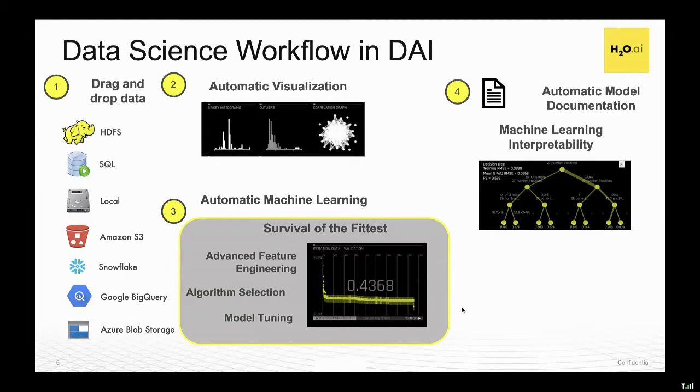So this auto documentation is going to talk about the data that you trained on. What were the distributions of that data set? Were there any interesting findings, like maybe the training and test data set were very different from each other, which tells you that your data is changing over time? What were the new features that we found? How did we find them? How were they created? What are the final new features in your model?